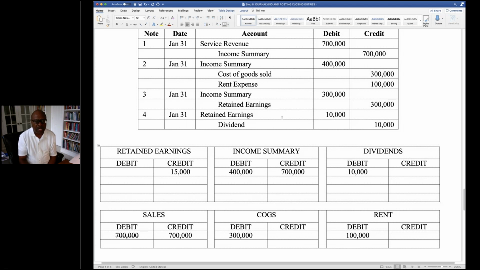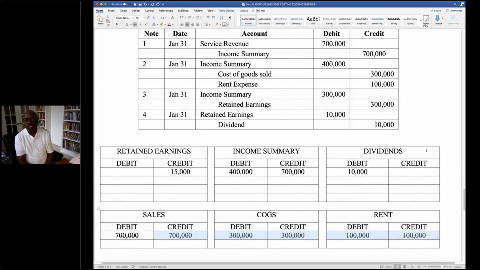I credit cost of goods sold for $300,000, and I credit the rent expense for its $100,000. Once I do that, I've closed out all of these accounts. They have a zero balance.